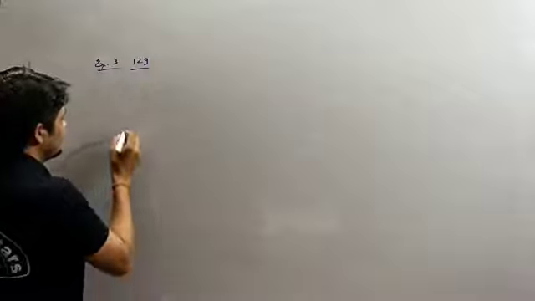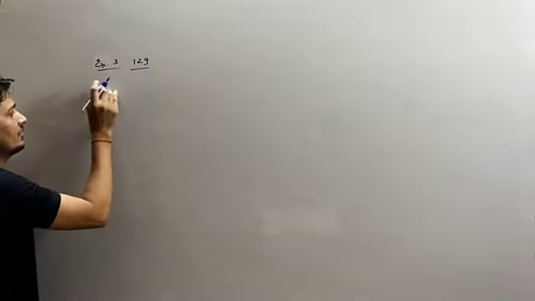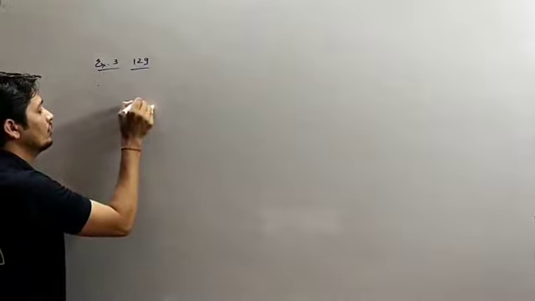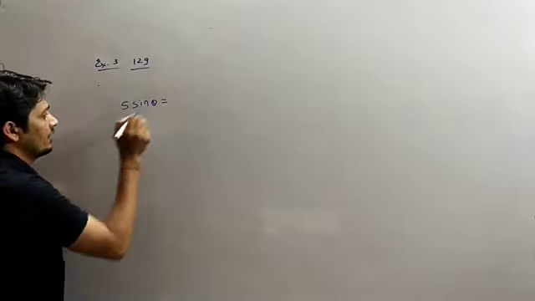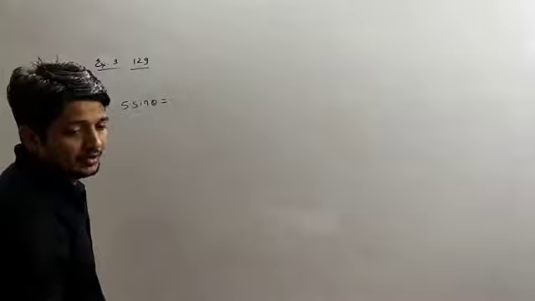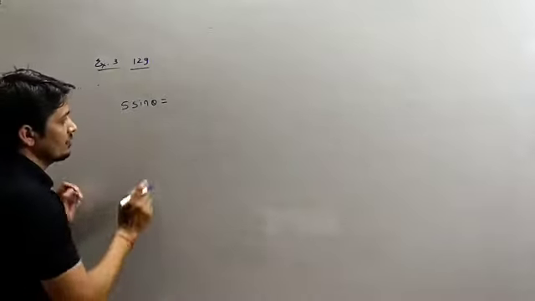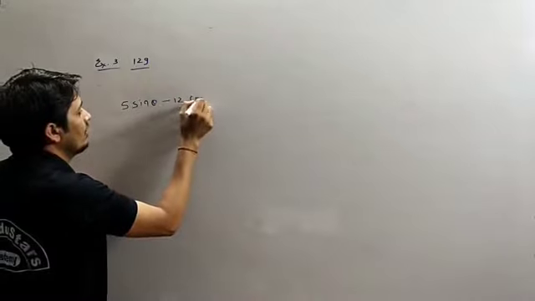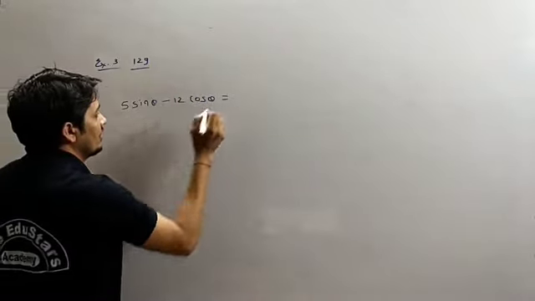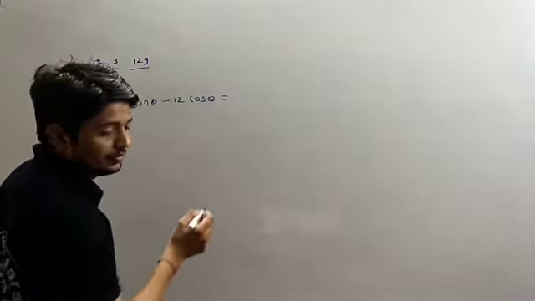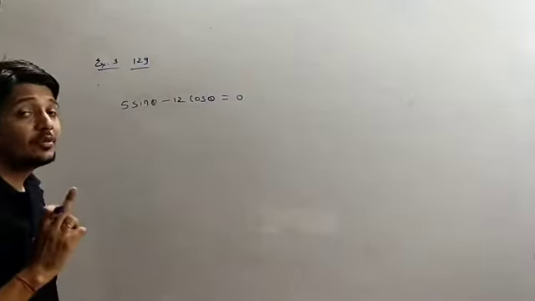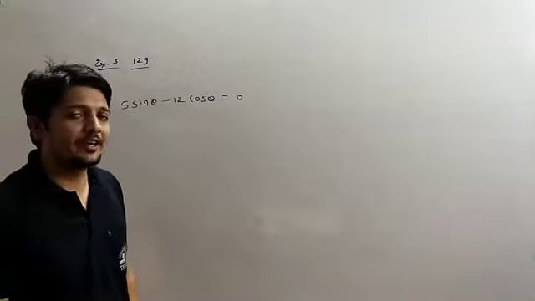It says: if 5 sin theta minus 12 cos theta equals 0, then find the values of other trigonometric ratios.